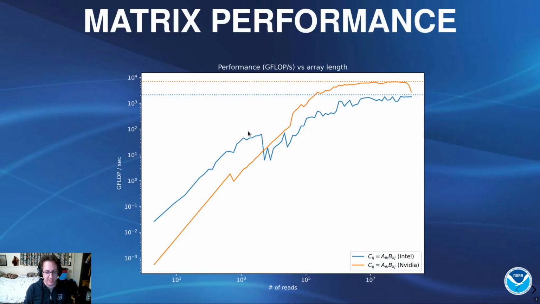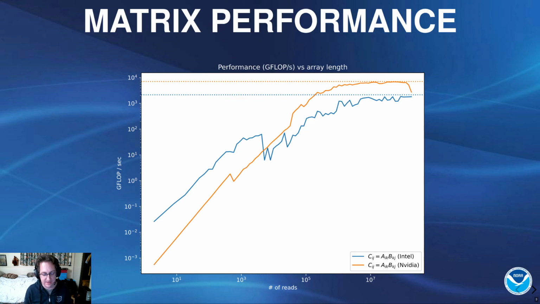And I would say yes, under the right circumstances. This figure is showing a matrix calculation, which does take the most advantage of that hardware. And you can see that both do eventually get to that peak value indicated by the dashed line on here. The blue is the Intel architecture and the orange is the NVIDIA.